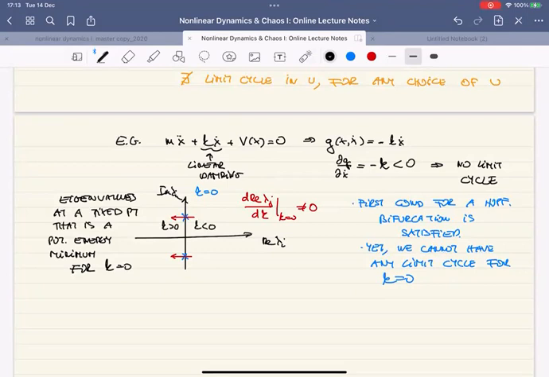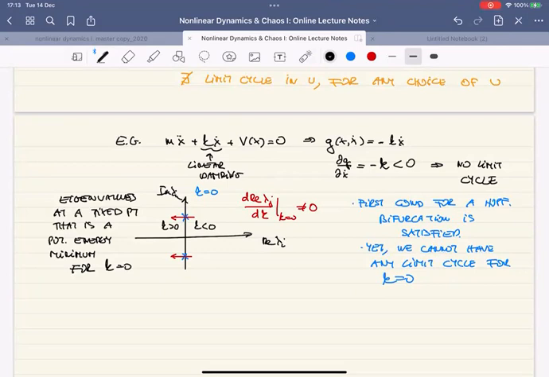When k is less than 0, which means minus k is bigger than 0, then I'm introducing pure forcing to the system. It would be like a negative feedback loop. You can think of this term as a control term that is a negative feedback based on the velocity. When k is positive, just think of it as damping.